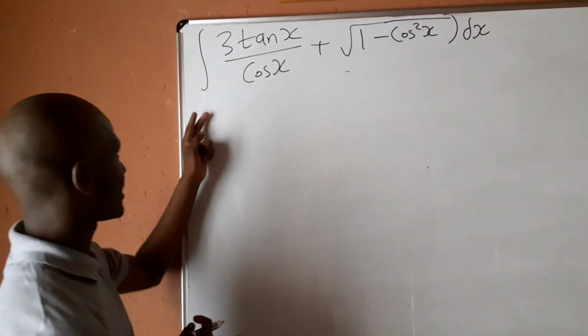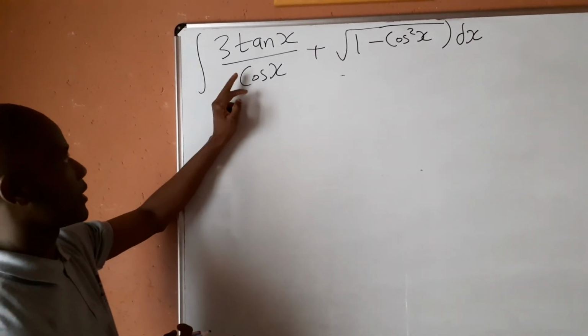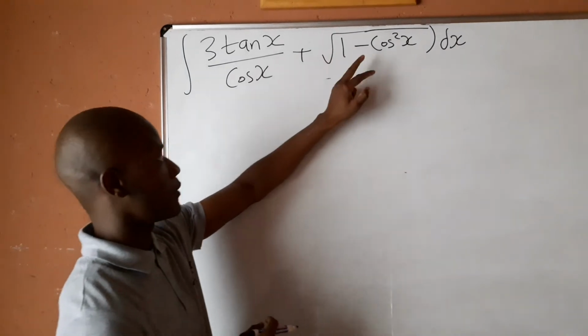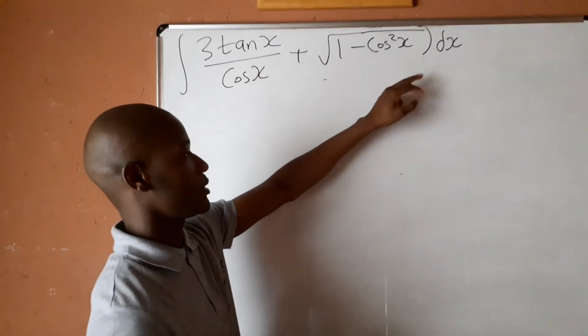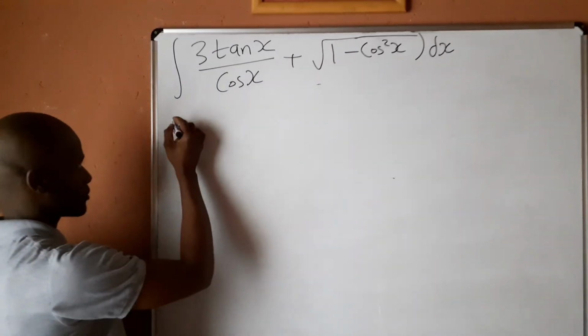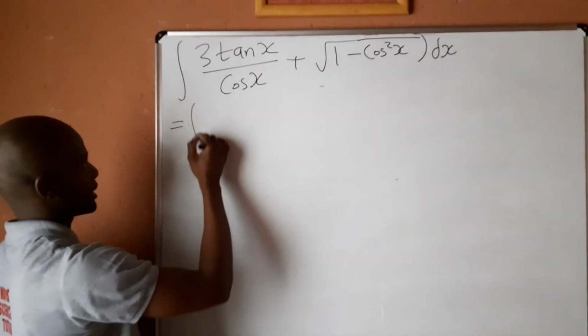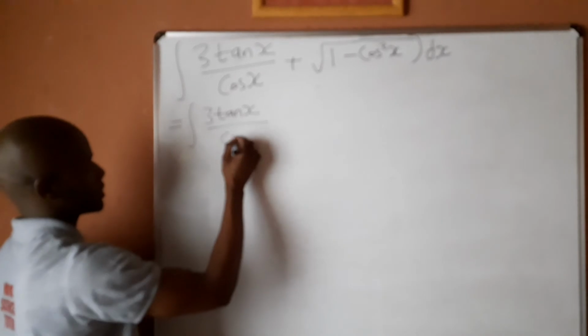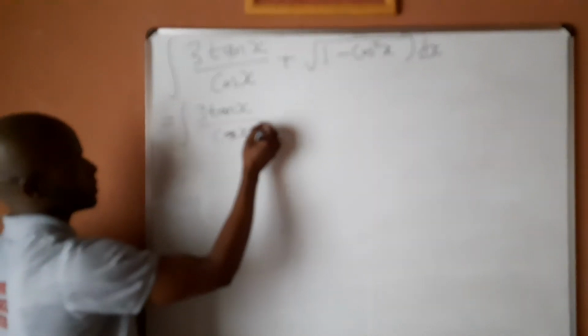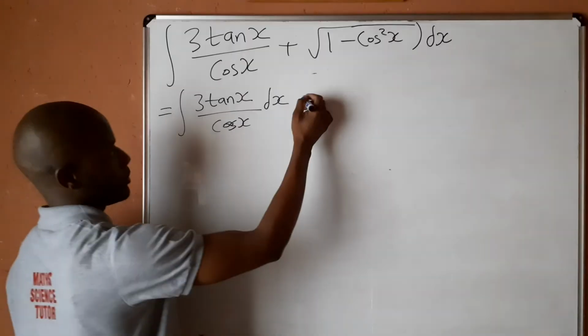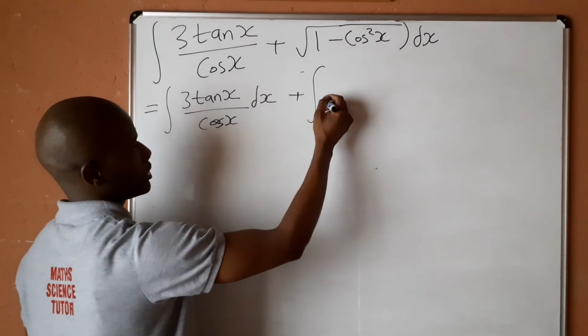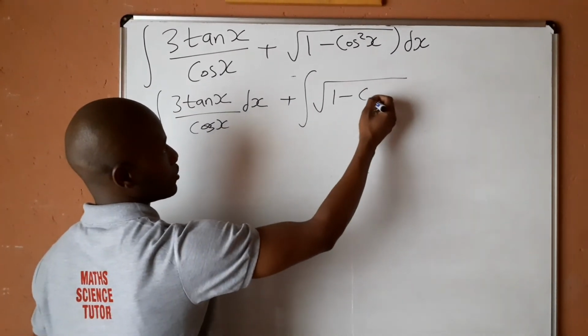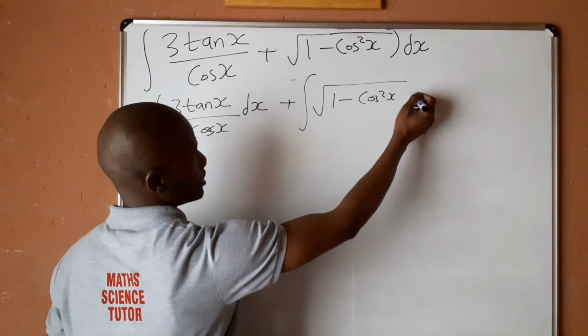So let's integrate 3 tan x divided by cos x plus the square root of 1 minus cos squared x dx. It's going to be the integral of 3 tan x divided by cos x dx plus the integral of the square root of 1 minus cos squared x dx.